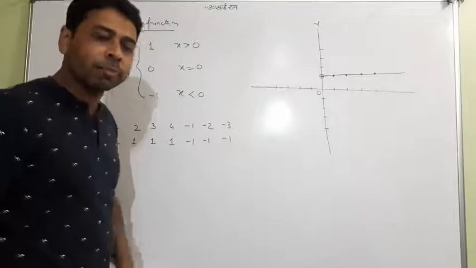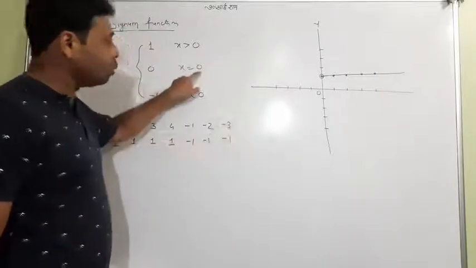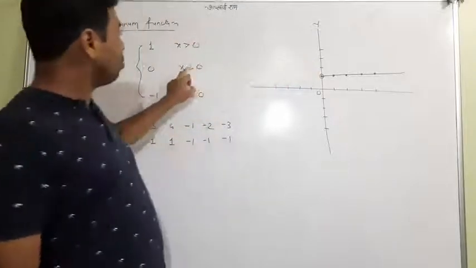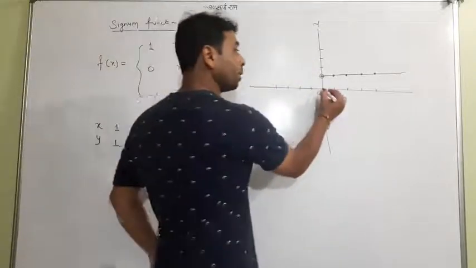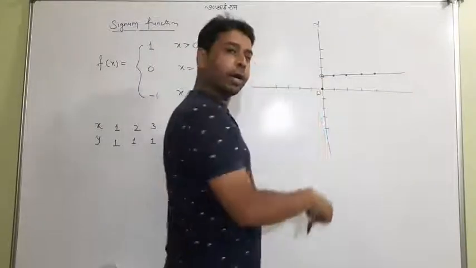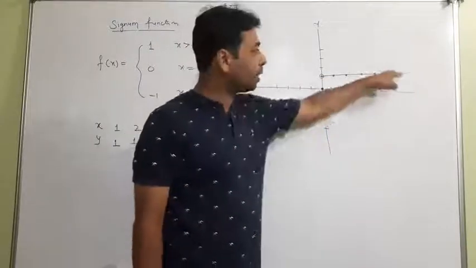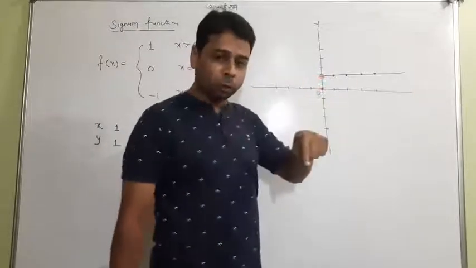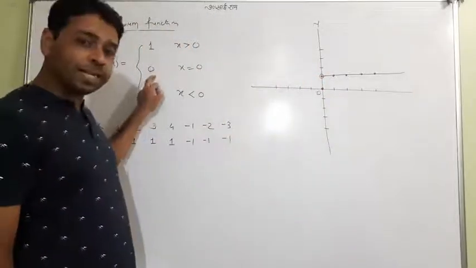So try to understand, I am telling you again. For x equal to 0, y is 0, which is this point, not on the line. So we have to exclude that point. It is not in the graph. Again I say, at this point x equals 0, and you know that for x equal to 0, y is equal to 0.